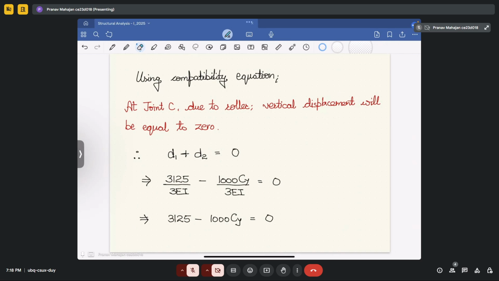Now you use the compatibility equation to determine the value of Cy, which is unknown. We added both the deformations, that is d1 plus d2 equal to 0, and on simplifying further, we got the value of Cy equal to 3.125 units.